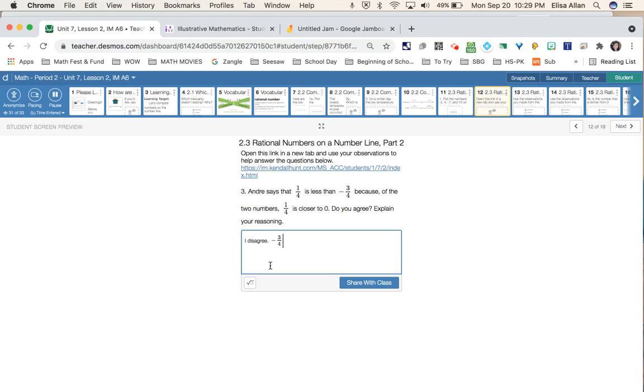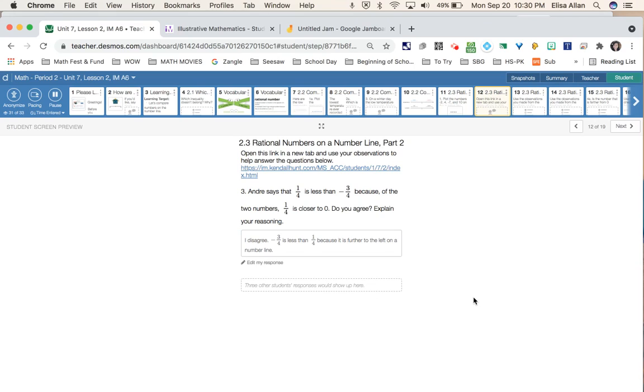And I can say that -3/4 is less, right? Andre says that 1/4 is less. -3/4 is less than 1/4. Let's change that to look like a fraction again. I'll hit my math tool, and I'll do 1/4, and I'll hit to the right again so that way I'm out of that box. So -3/4 is less than 1/4 because it is further to the left on a number line.